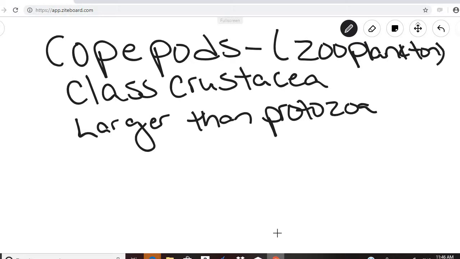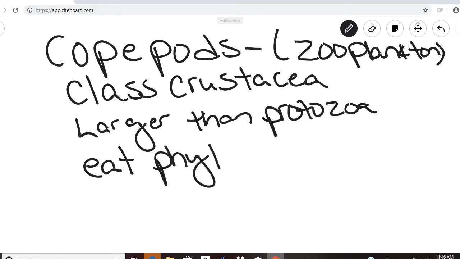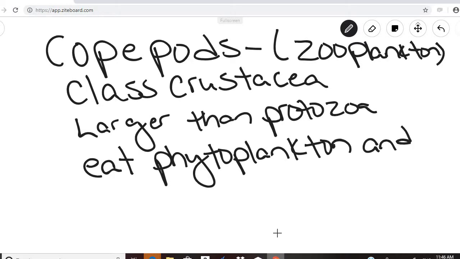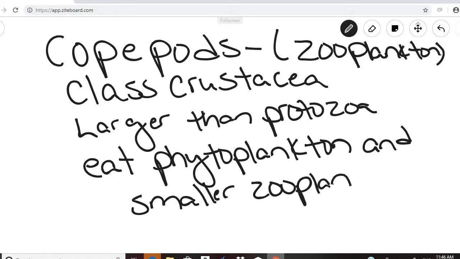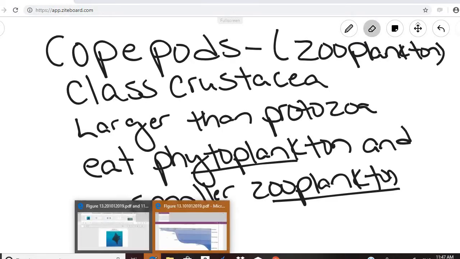They can't swim. They float along. So they're larger than protozoa, and they eat the phytoplankton, and also zooplankton smaller than themselves. So again, the energy from the phytoplankton and the smaller zooplankton then gets passed through the food chain in this way. So let me show you a picture of some of these.